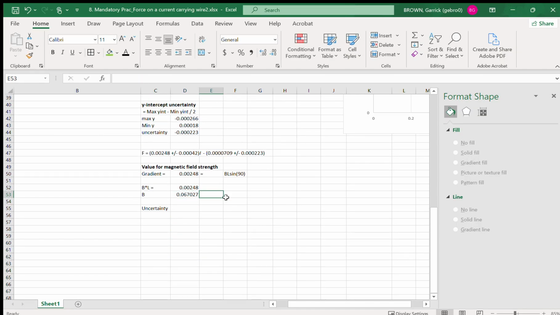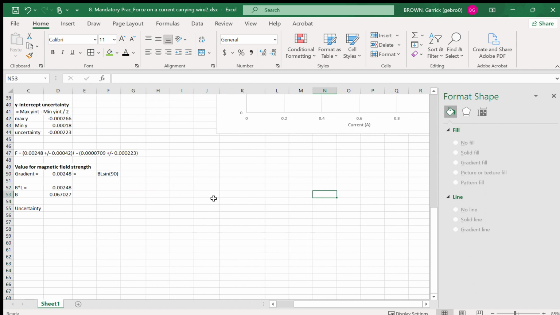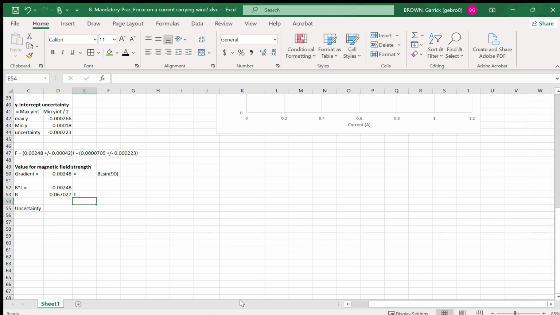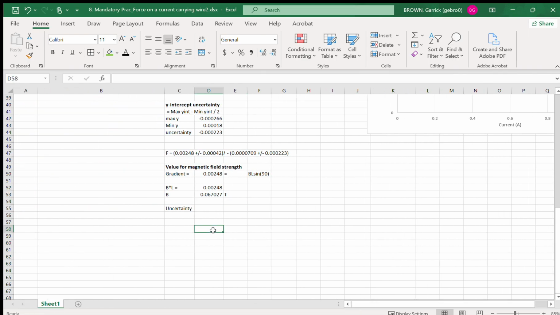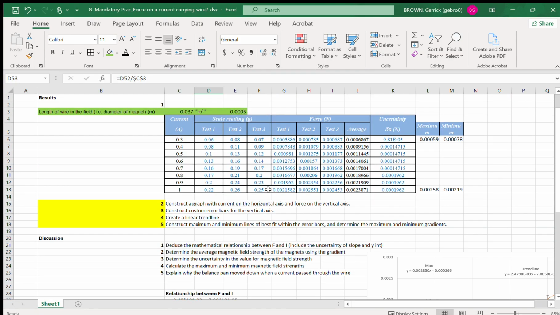So now we have our answer in Teslas. Okay. So that is how strong the magnetic field was based on our measurements of weight at certain currents. Okay.